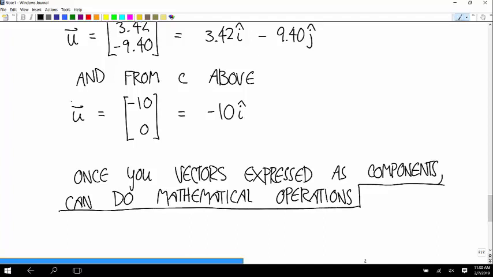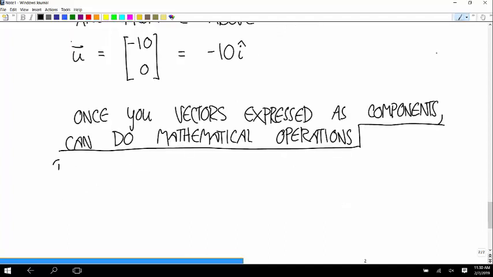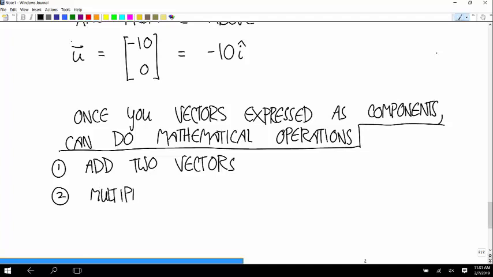So I'm going to show you how to add two vectors and how to multiply a vector by a scalar. These are the two things that we did graphically, but now we're going to do them using the components, and this is the way that's more useful for doing calculations.